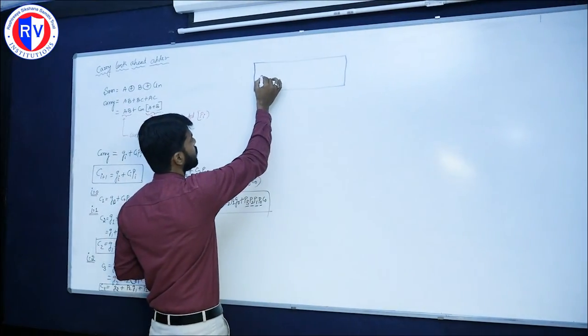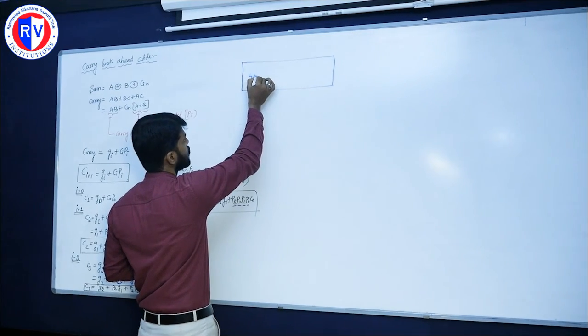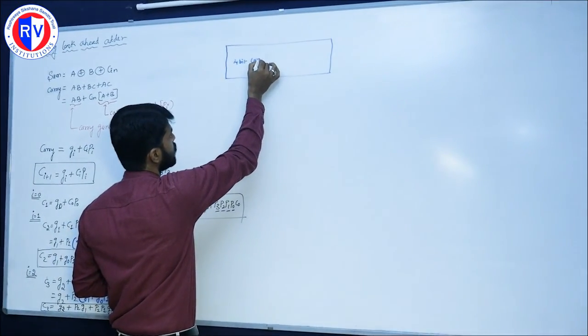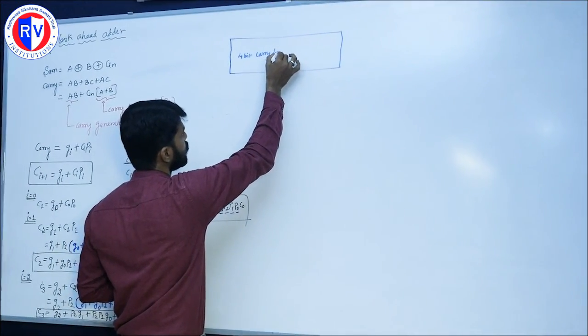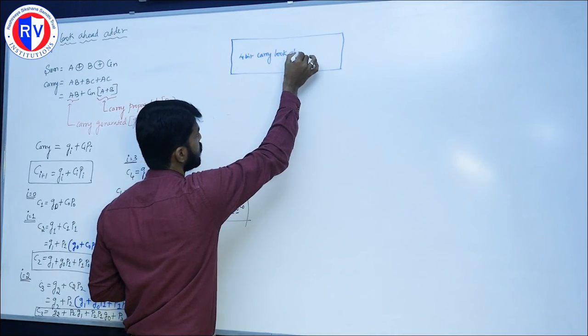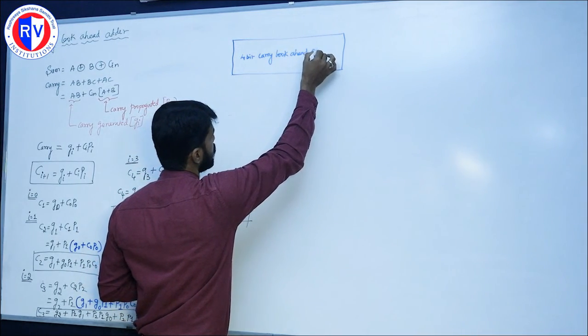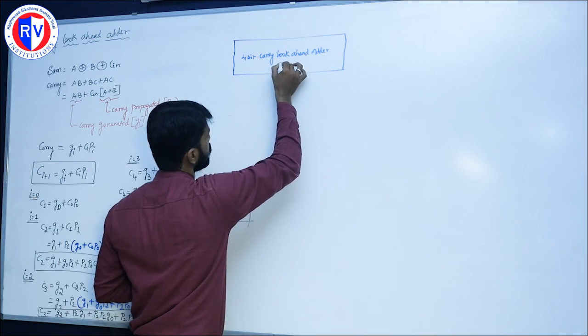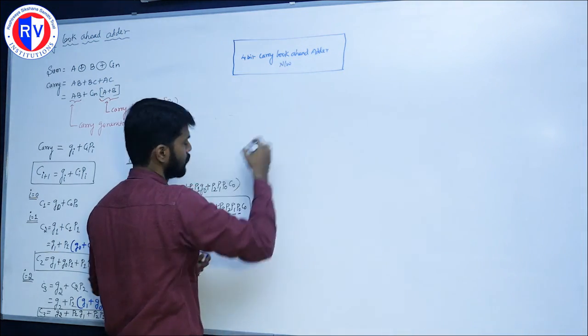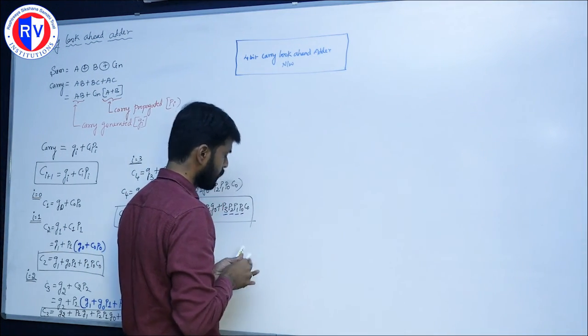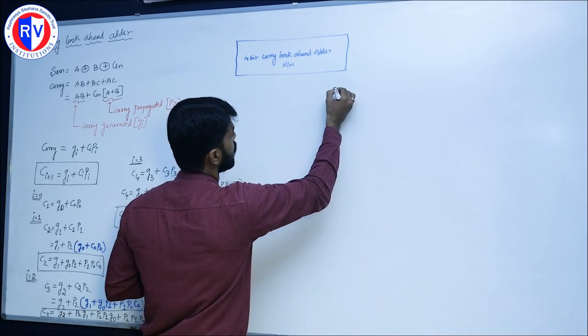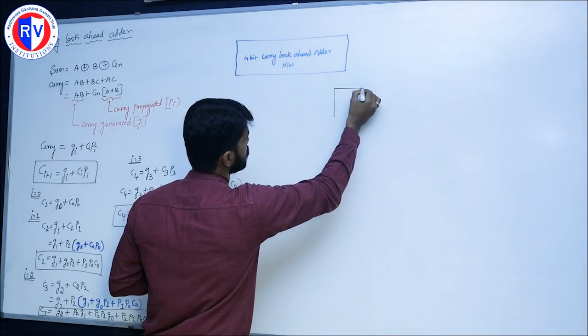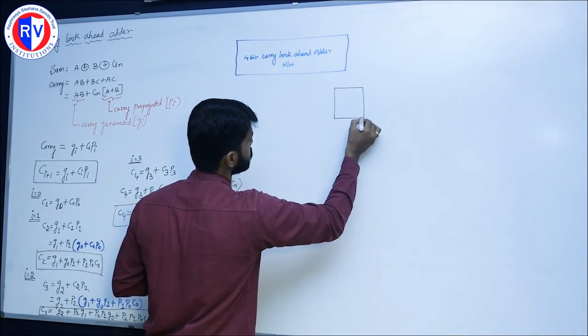So here, 4-bit carry lookahead adder network. Here I will write, this is the one summing stage.